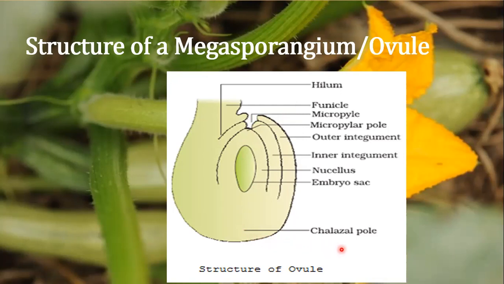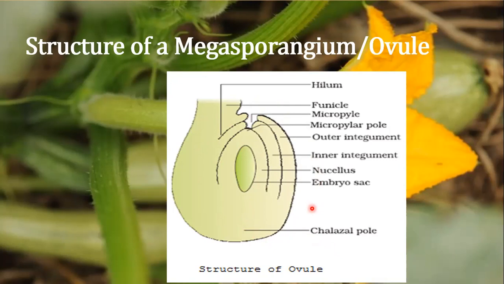Based on the arrangement of the ovule with respect to funicle, micropylar region, and the chalaza, there are 6 different types of ovule. And the typical ovule we are studying is the anatropous ovule, that is the inverted ovule.